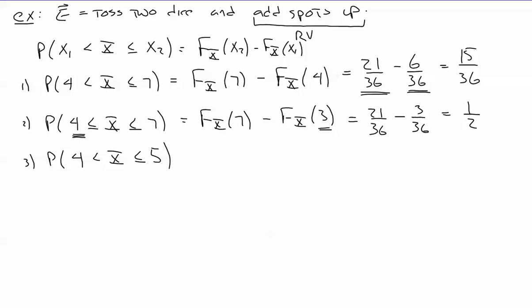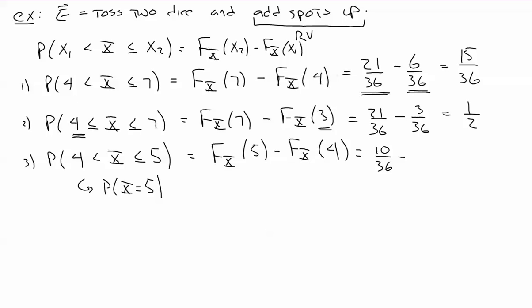Clearly, this is the probability that x equals 5. This would be the cumulative distribution function evaluated at 5 minus the cumulative distribution function evaluated at 4. That's 10/36 minus 6/36, and that works out to be 1/9.